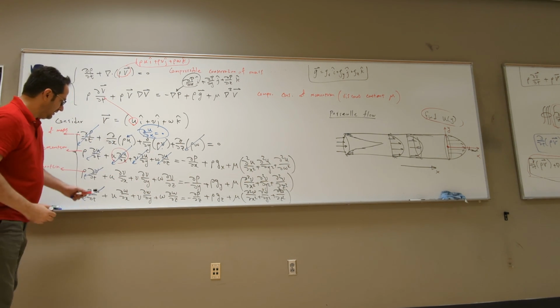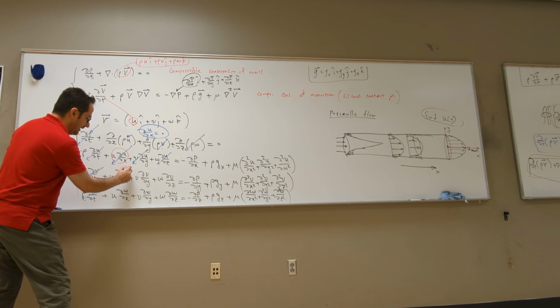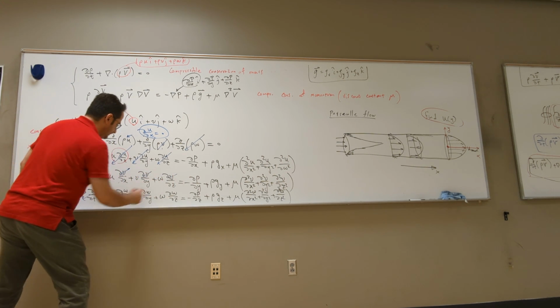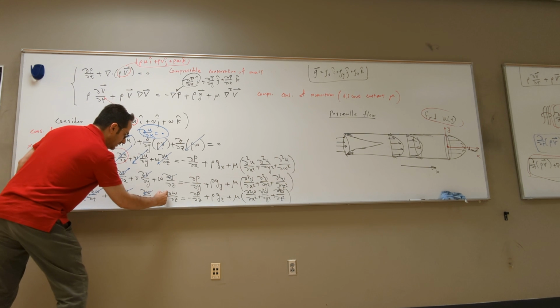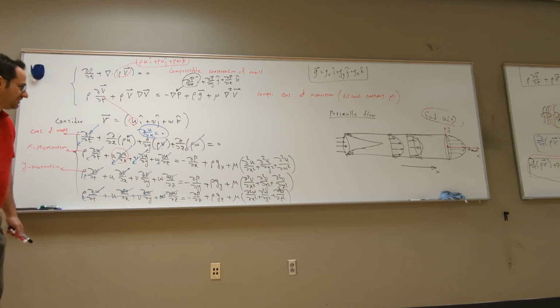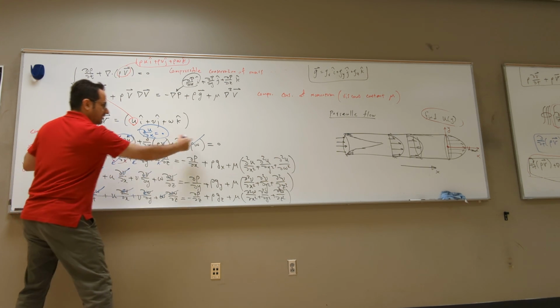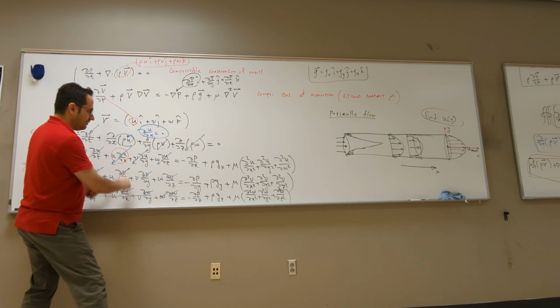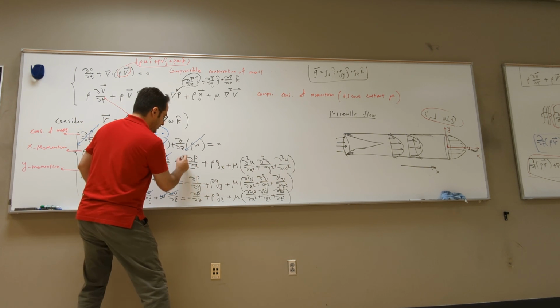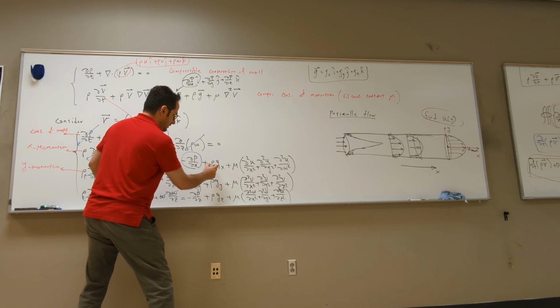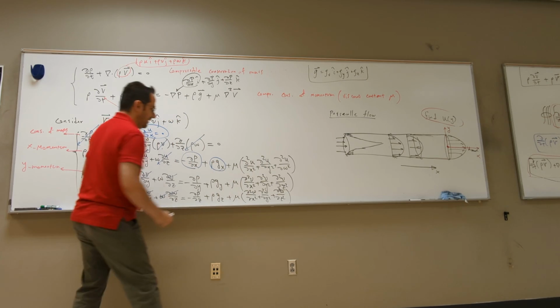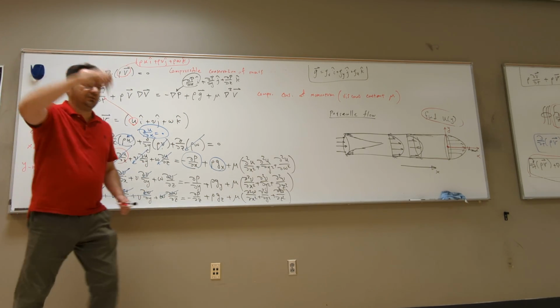What about this term? I don't even have v. Everything here is 0. All of them are 0. So the only non-zero term is this one, which is 0 because of that, and then this one is non-zero, right?